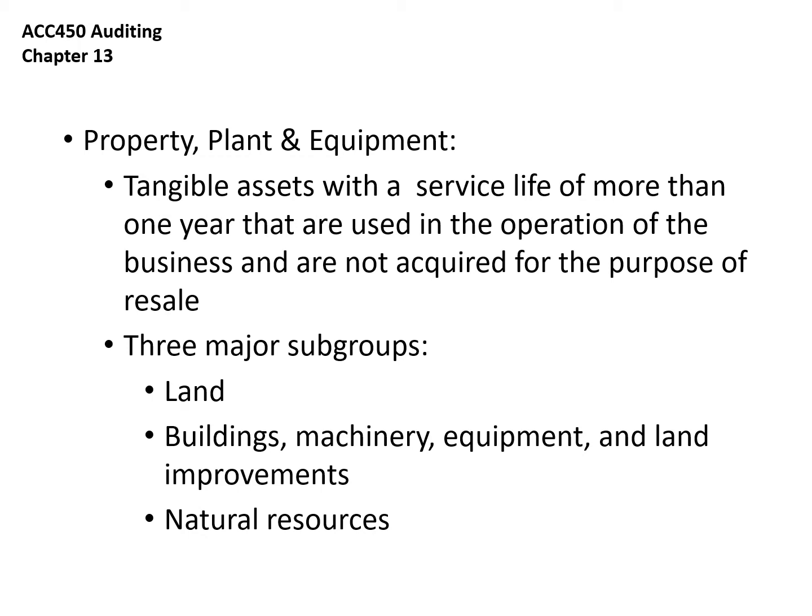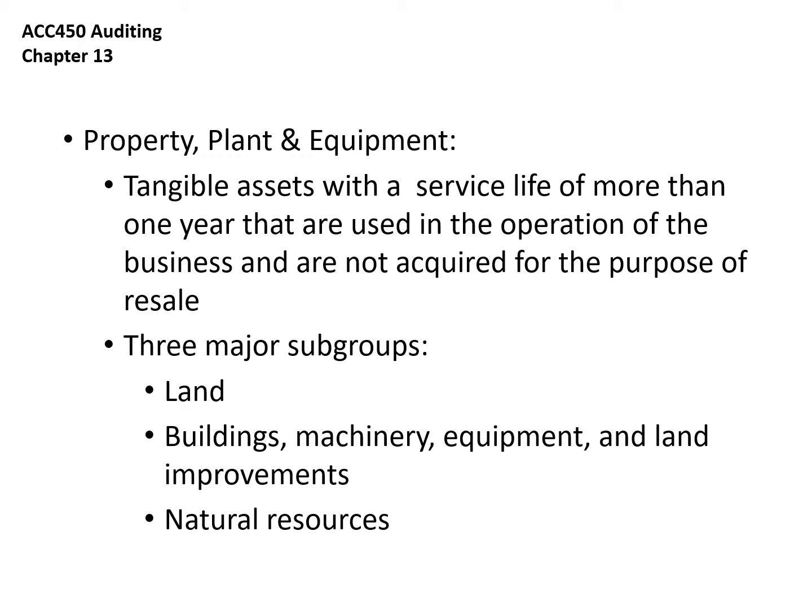So the land itself, and any changes we make to the land, flattening it or leveling it, those kinds of things would not be depreciated. But then things that we add to the land, like fencing or driveways or roads, those things would be depreciated as land improvements.